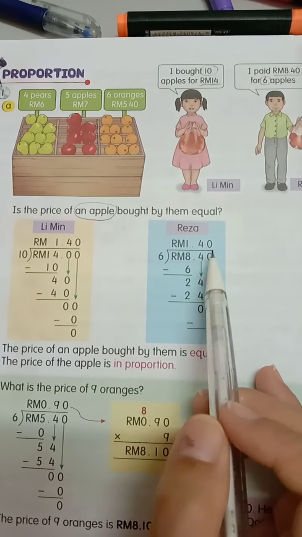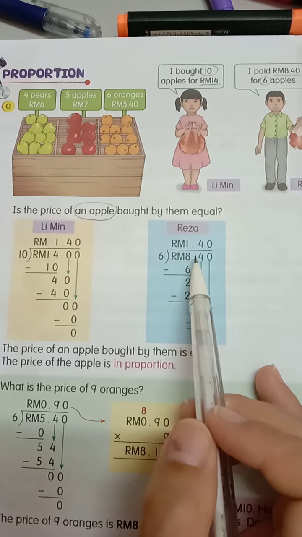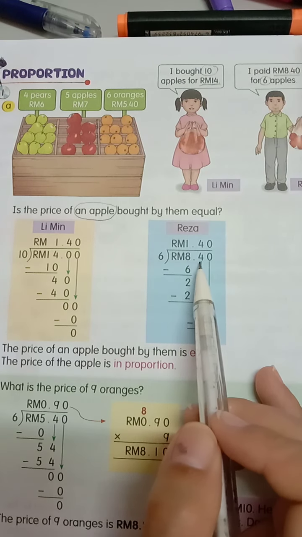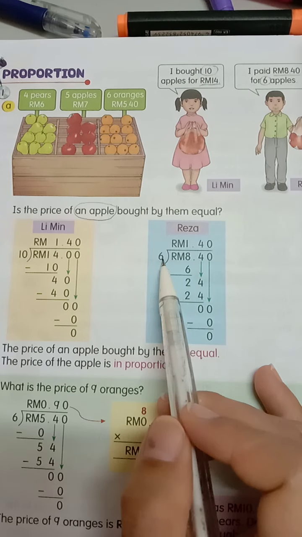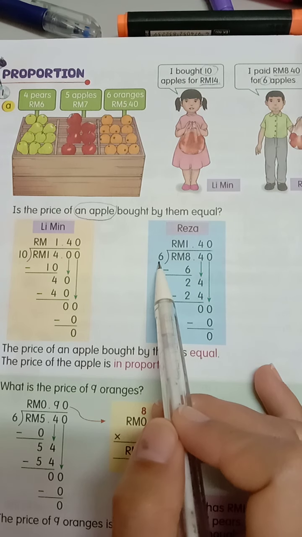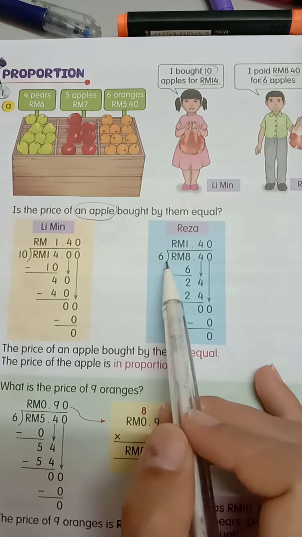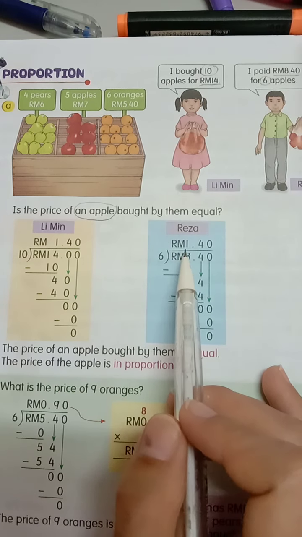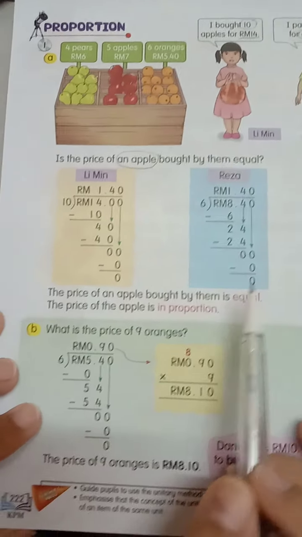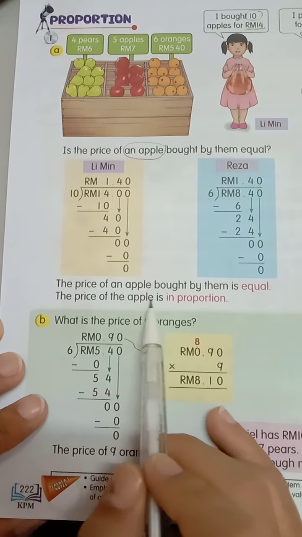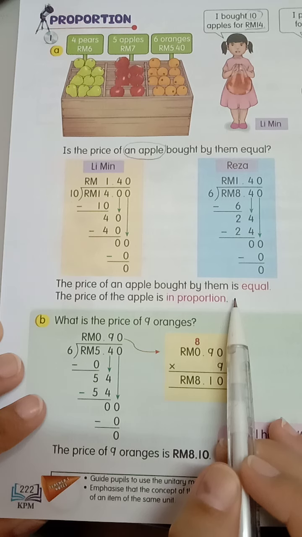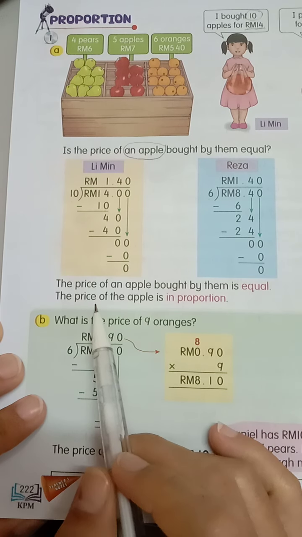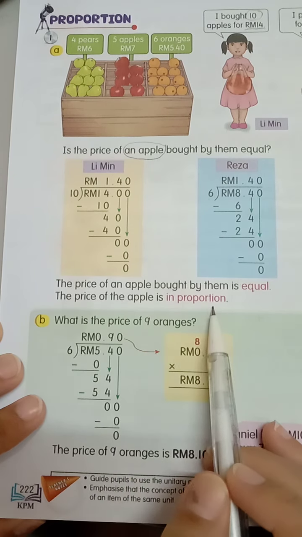And here Reza, he paid 8 ringgit and 40 cents for 6 apples. So divide by 6. So Reza paid for one apple is 1 ringgit and 40 cents. The price of an apple bought by them is equal. The price of the apple is in proportion.